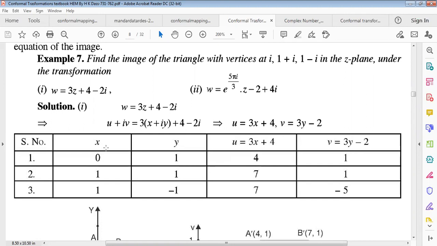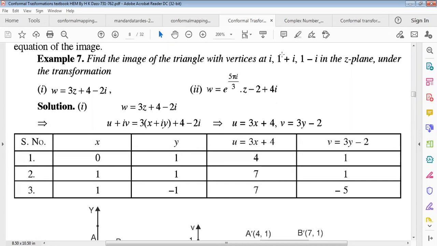For individual values of x, y: x equals 0 and y equals 1. The first complex number i can be written as 0 plus i, where the real part x equals 0 and the imaginary part is 1.